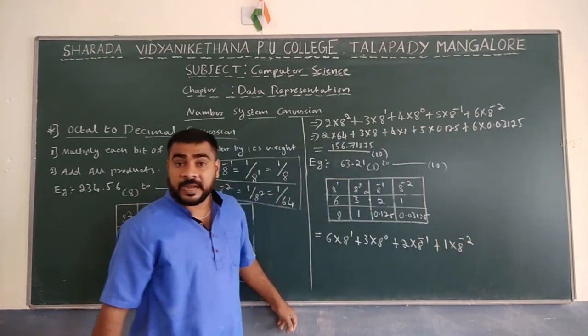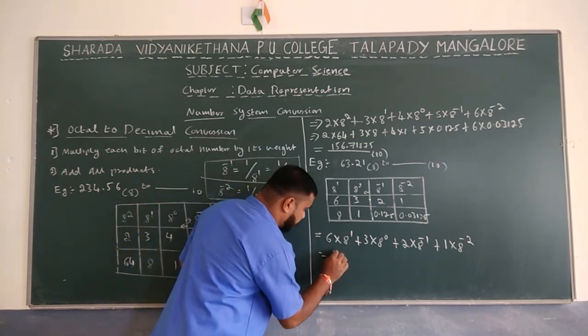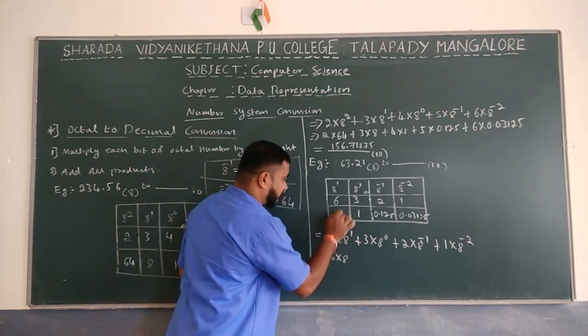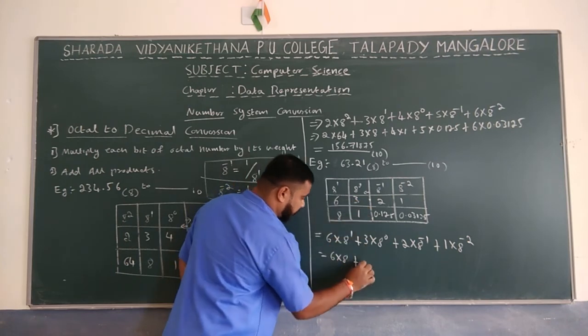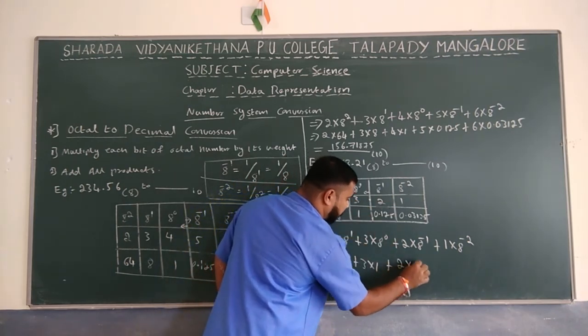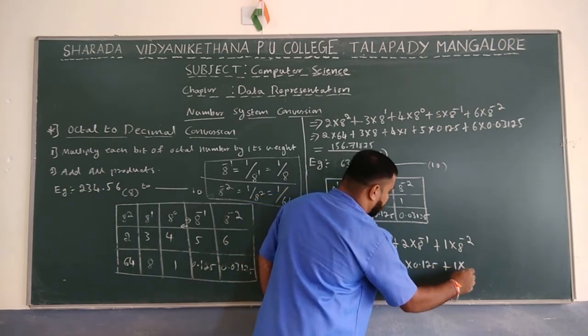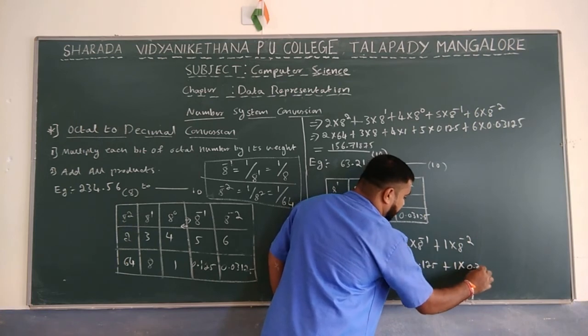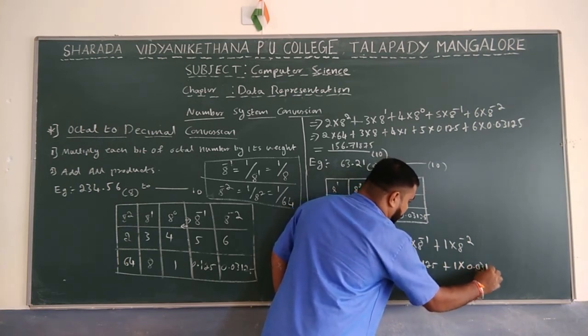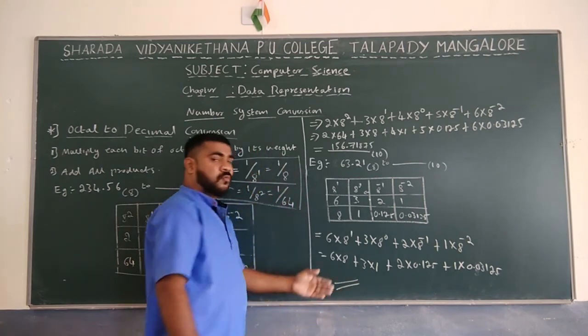So we solve this as 6 into 8 plus 3 into 1 plus 2 into 0.125 plus 1 into 0.03125. Then go on solving and you will get one decimal number.